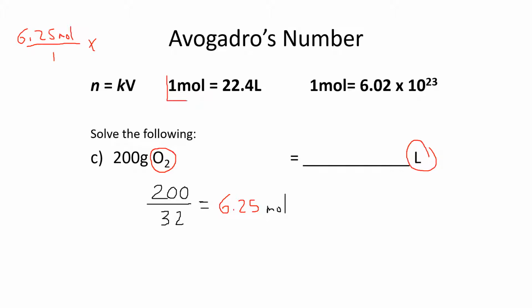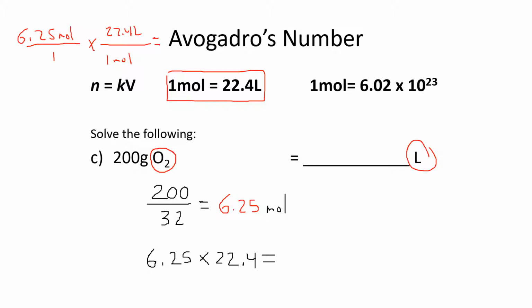This is my conversion factor. I want moles at the bottom. 1 mole is 22.4 liters. So that's just a conversion. Multiply or divide? It's multiply. So multiply by the conversion factor, 22.4 liters, and you get 140 liters. So this is a 2-step conversion.